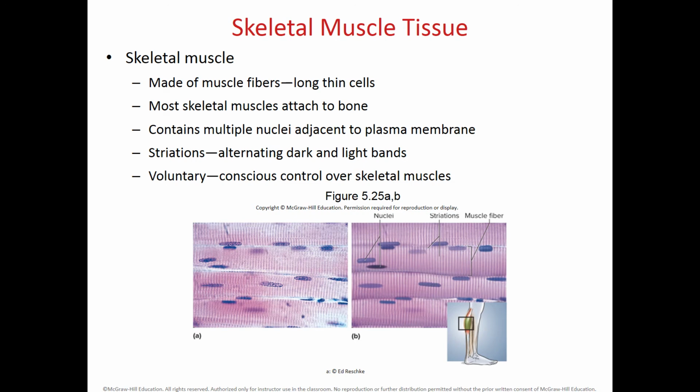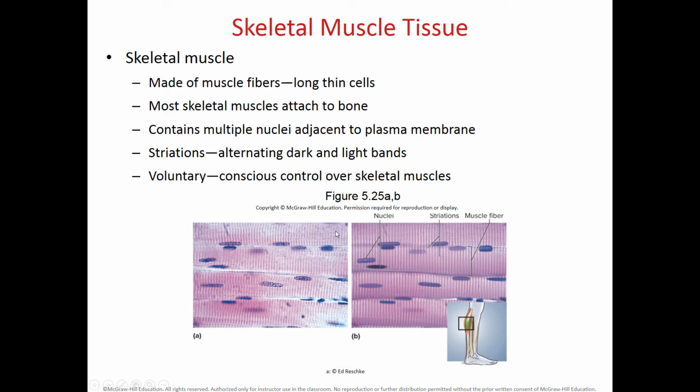So skeletal muscle is made out of muscle fibers, which are long and thin cells, and most skeletal cells attach to the bones. Some of them can attach to the skin, like in the case of our facial muscles. One characteristic about these cells is that they have multiple nuclei. This is one skeletal fiber or muscle cell.